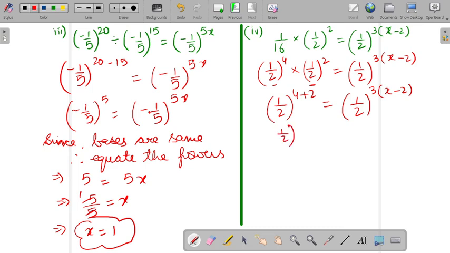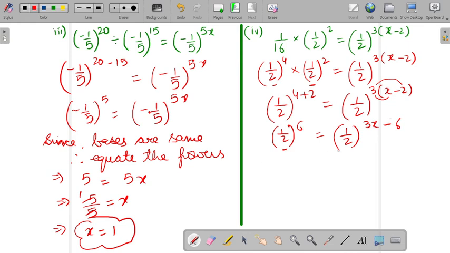So 1 by 2 power 6 equal 1 by 2, and if you want you can solve the bracket here itself by multiplying 3 with x and 3 with 2. So it would be 3x minus 6. Open the bracket by multiplying 3 with x, so it will be 3x, and 3 with 2. Make sure about their sign. So 3 multiplied 2 is 6, and put the minus sign.